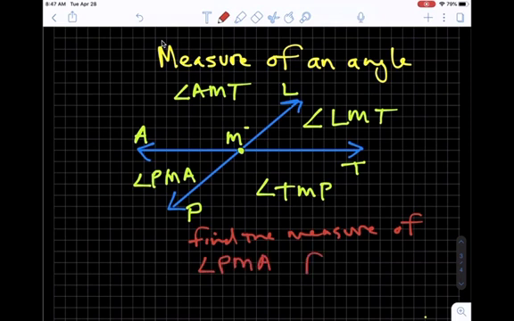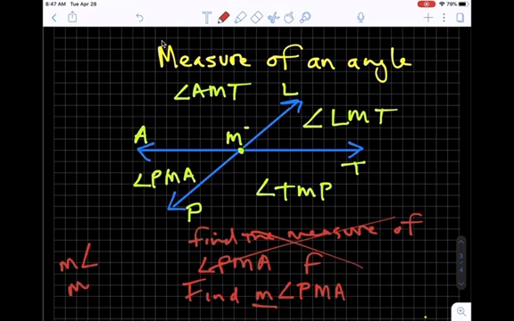The way they will write that is they'll say find, and then they'll use a lowercase m, angle PMA. And that represents finding the measure of that angle. So whenever you see a little m followed by the angle, that's the measure of the angle. You'll see that quite a bit, and you need to know what it means. So that was the purpose of this, just to reacquaint you with some of this notation so that we're all good and ready to rock on it.